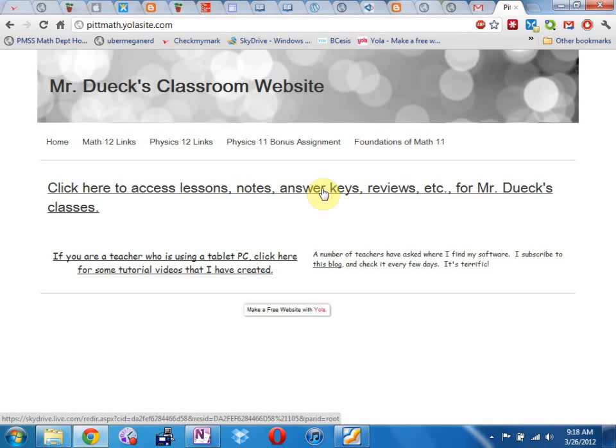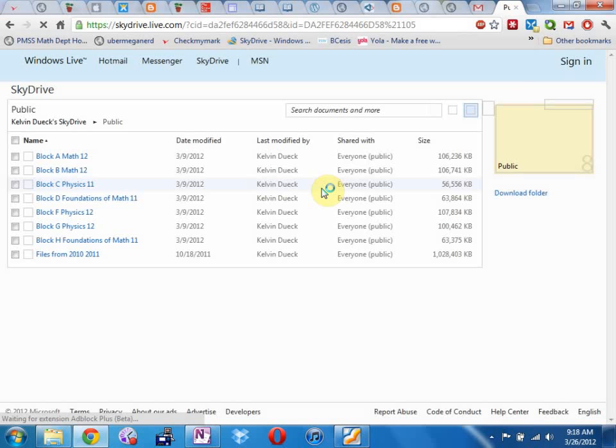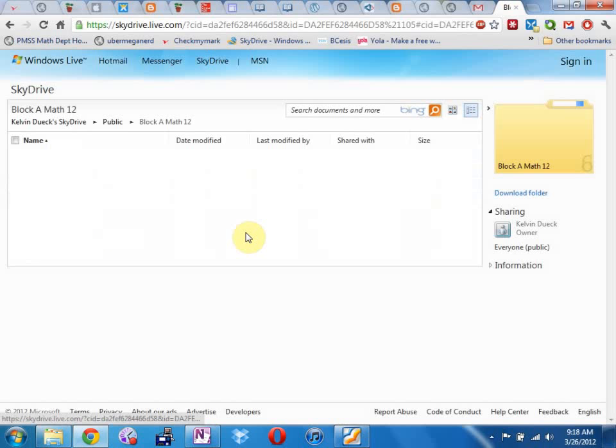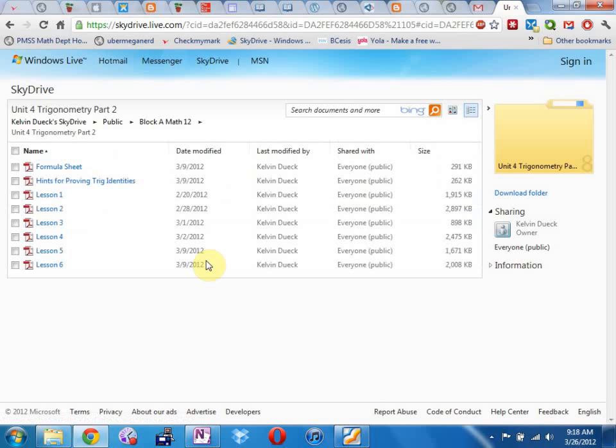Anyway, click here. I think it's working now. If you look under block A and under Trig, there will very shortly be this identities review and an answer key. I printed up a handwritten answer key, but it said did not print, so I'm going to retry doing it right now.